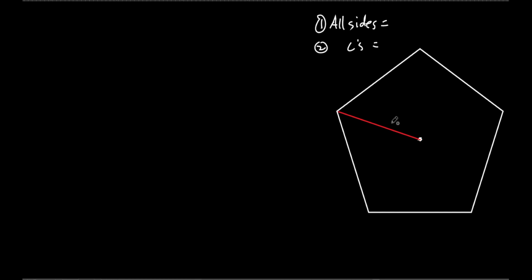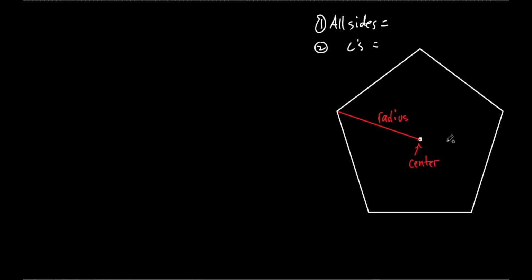That is called the radius of this. Where do we usually talk about radius? A circle. But we can talk about a radius of a regular polygon. So this is the radius. By the way, that thing in the middle, we don't call it the middle, we call it the center.